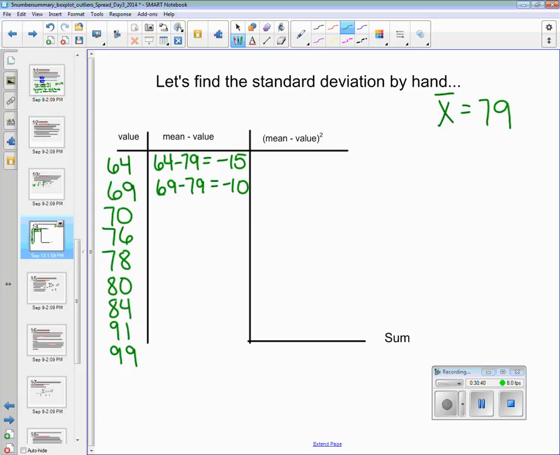Do me a favor, go to Stat, go to Edit, and go over to List 2. Go up to where List 2 is darkened. Perfect. So go to Stat Edit, and then arrow up to List 2. Good, good.